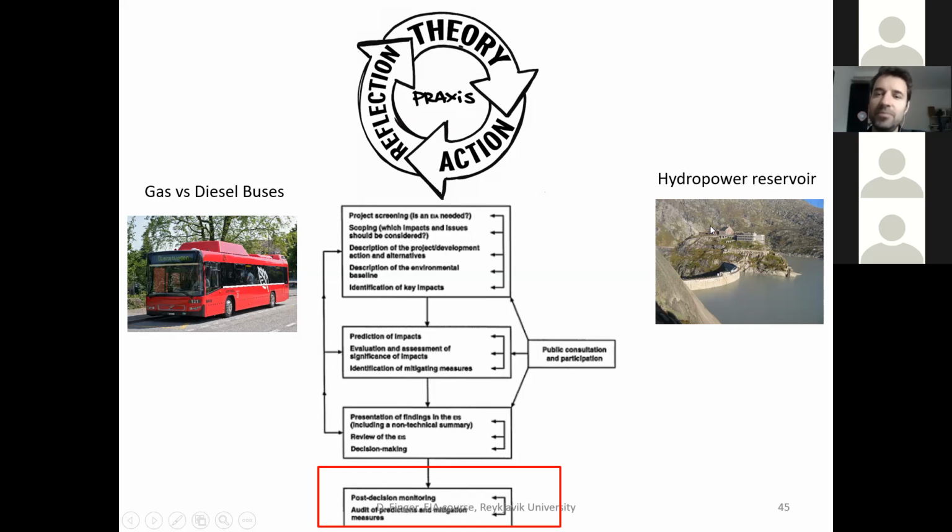The second project I want to present to you is a hydropower reservoir project, also located in Switzerland. There we're going to look into the prediction of impacts. It was not directly in the middle of the environmental impact statement, but an outside project of such a prediction.